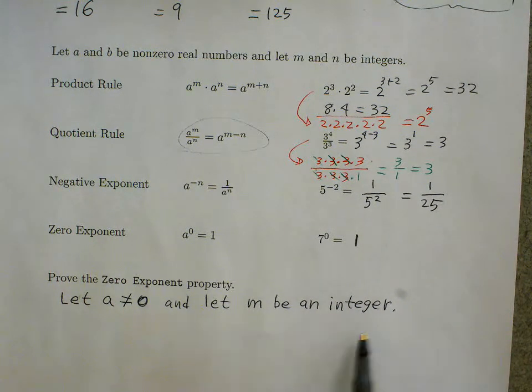So an integer, the positive integers are 1, 2, 3, 4, and so on. 0 is an integer. And then the negative integers are -1, -2, -3, and so on.